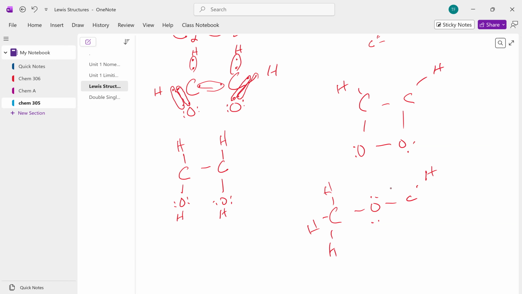Well, good luck, nurses. The main focus of this is drawing your legal structures. And the more complex the formula, the more alternate legal structures you can have. So that's what I want to cover tonight, Lewis structures.